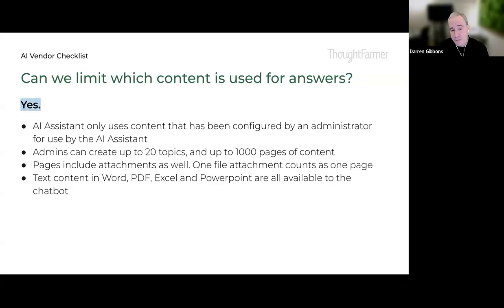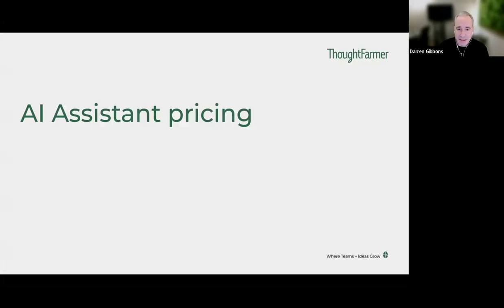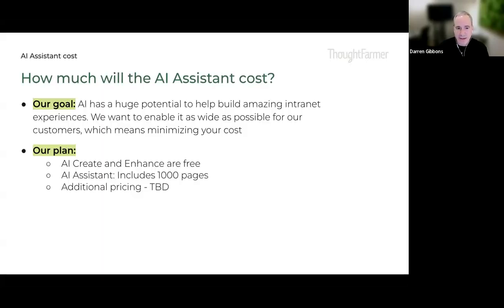Now, a question that we've had in the early beta is, okay, we've got this 1,000-page limit. Is there a cost to increasing the page limit? And that gets into the slide question here around the AI assistant pricing and how much the AI assistant will cost.